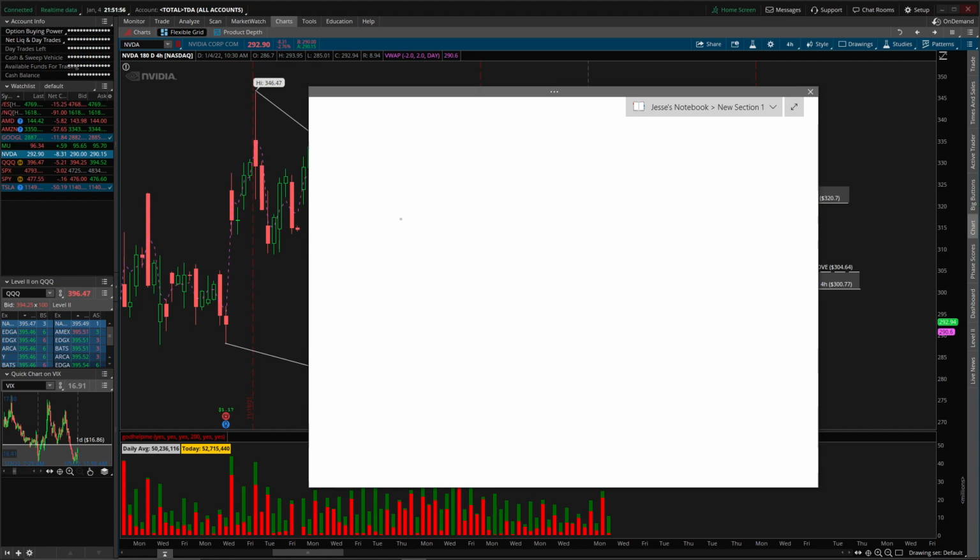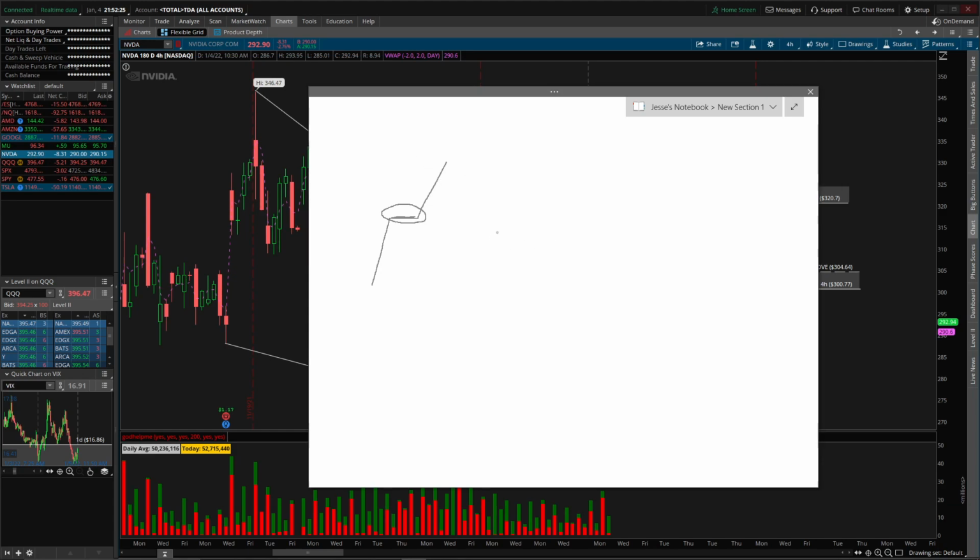So the first, we'll just go ahead and focus on demand. So the way you're going to get a demand zone is usually going to be when price is moving in an upward direction in a rally, followed by a consolidation period, which is just sideways action, followed by another rally. So basically this area right here is going to be demand, and that's only going to be after the fact that this happens.